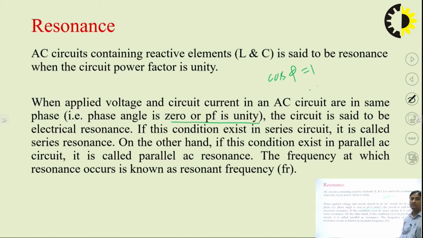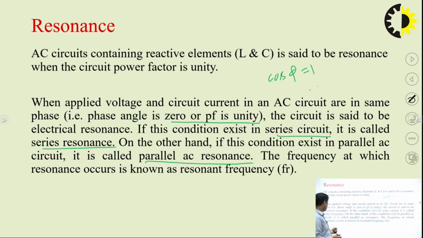Now, if this condition exists in a series circuit, it is called series resonance. On the other hand, if this condition exists in a parallel AC circuit, it is called parallel resonance. So the series resonance and the parallel resonance depend upon whether it is a series circuit or a parallel circuit.